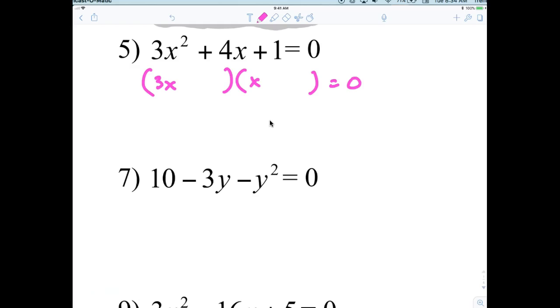And the only way to make 1 is with 1 and 1. They're both positive, so the factors both have to be positive. Now we set the factors equal to 0. 3x plus 1 equals 0, x plus 1 equals 0. So x equals negative 1/3 or x equals negative 1.